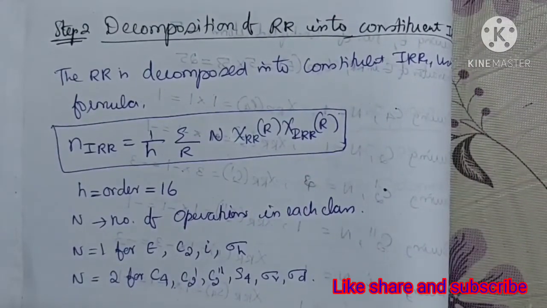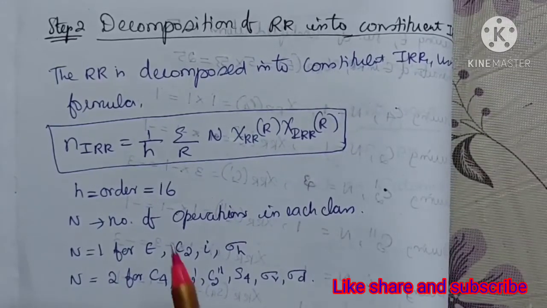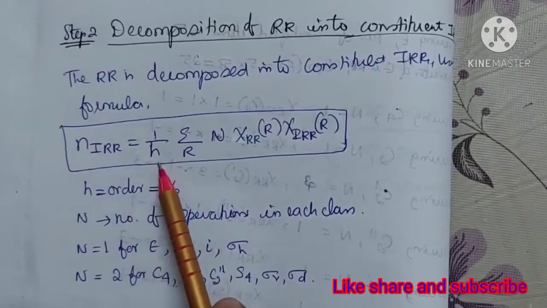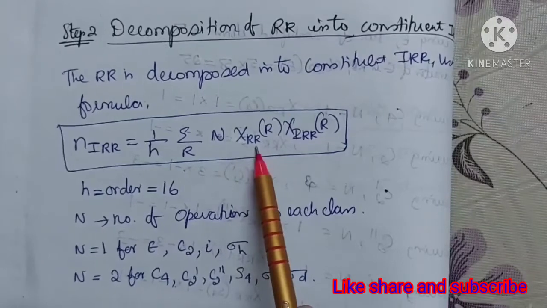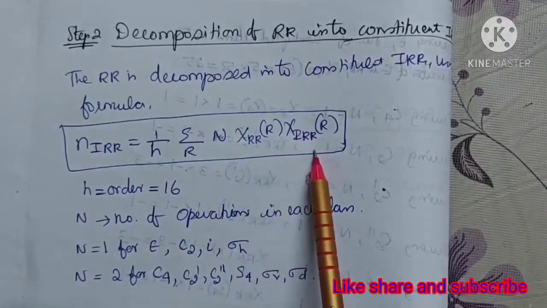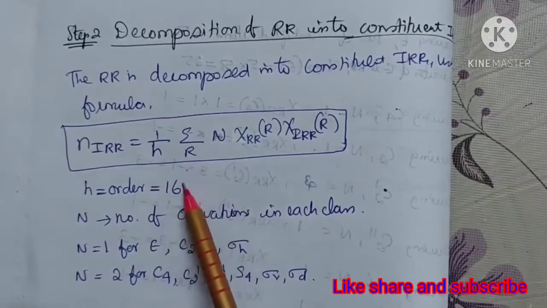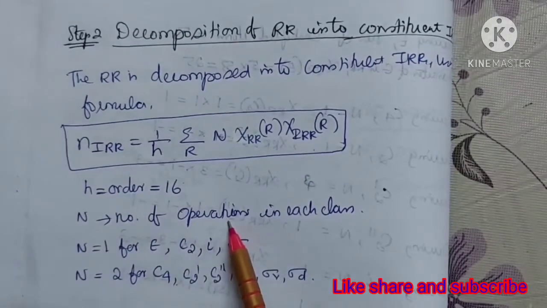To decompose this reducible representation into the irreducible representations, we have a formula. That is, number of IRR is equal to 1 by h, sigma of n into the character of the reducible representation and the character of the irreducible representation. Here h is the order, and in this case the order is 16, and n is the number of operations in each class.